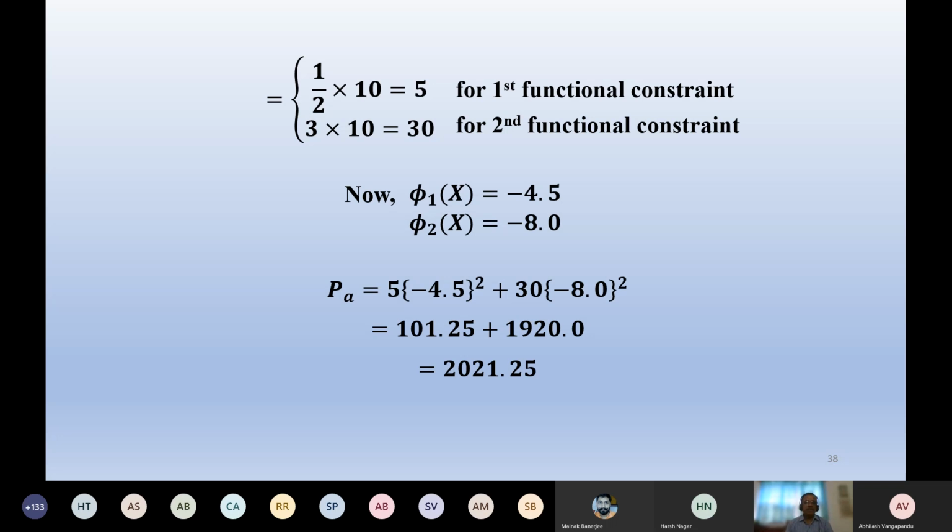Once you've got this modified fitness, you use your GA operators on the modified fitness only, that is on the capital F. This process will go on for a large number of iterations, and then there is a possibility that your genetic algorithm will be able to find the globally optimal solution.